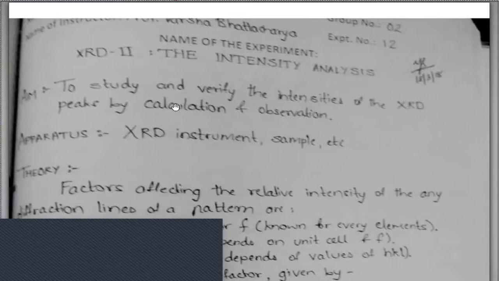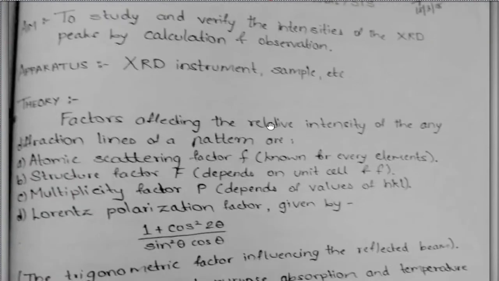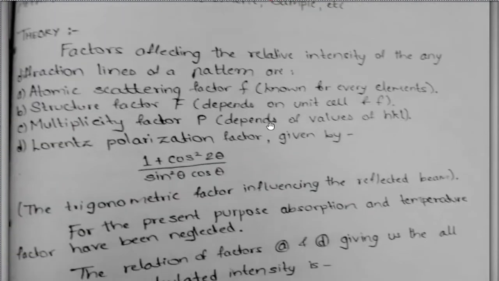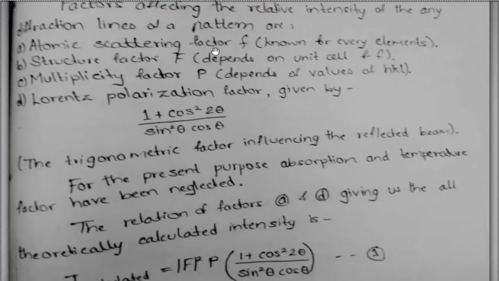Okay. So in this procedure, what we are supposed to do is that there is a certain theoretical part. The factors affecting the relative intensity of any diffraction lines of an XRD pattern are given by the atomic scattering factor f, which is known for every element.